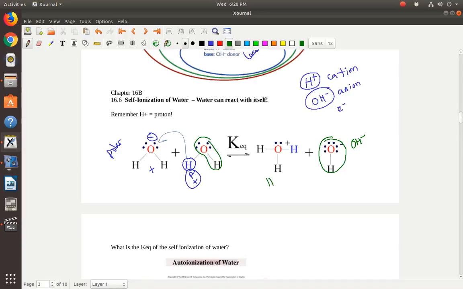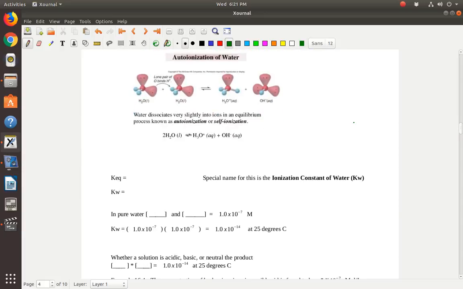And this is the hydronium ion, H3O plus. So this is what happens when water ionizes itself. We have two water molecules, and they form H3O plus and OH minus. Here is again the self-ionization of water, and this is just a picture of how it's happening.